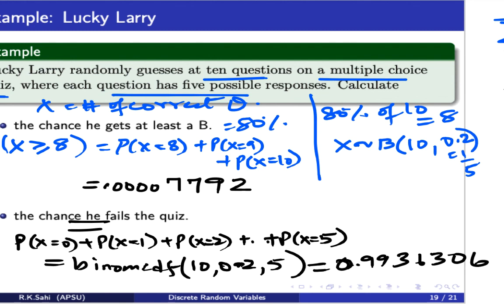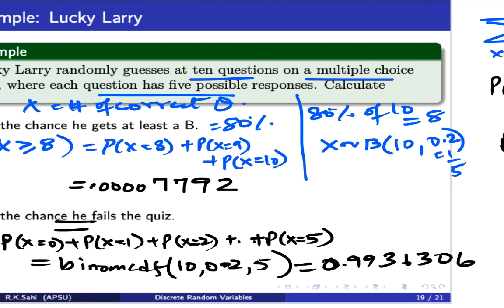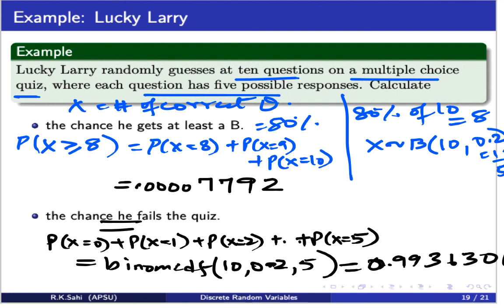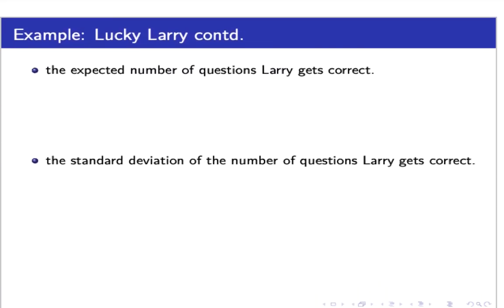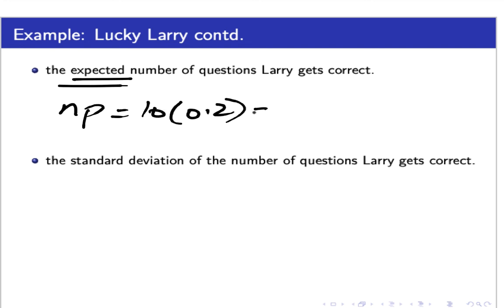So now let's look at the mean and standard deviation. The mean, or the expected number of these questions Larry gets correct, the formula is n times p, which is 10 times 0.2, which is 2. What's the standard deviation of this number of questions Larry gets correct?